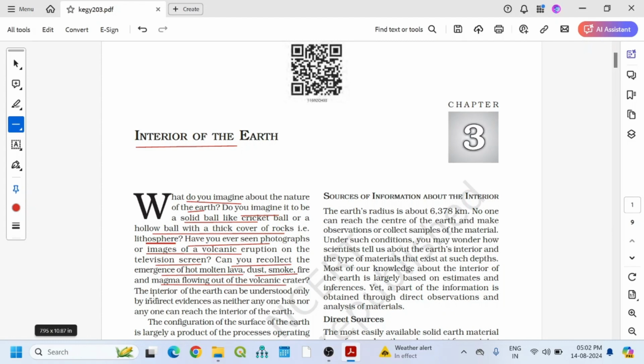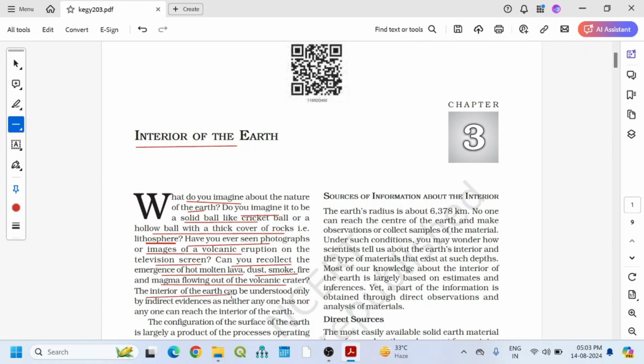So, as no one has physically reached it, there is no direct evidence, though we have indirect evidence. The Earth's surface configuration is shaped by both internal and external processes.